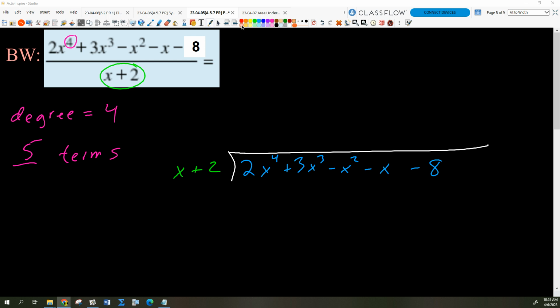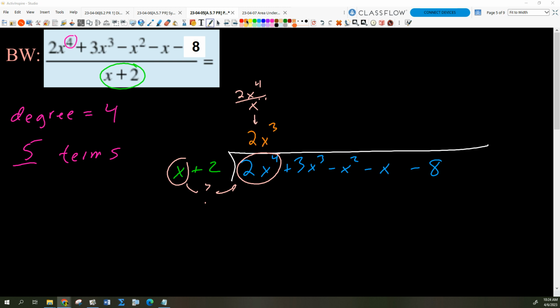X times what is 2x to the 4th? 2x to the 3rd. Good. And we can also get that by just dividing those. Leading term inside divided by leading term outside gives us 2x cubed. There we go.